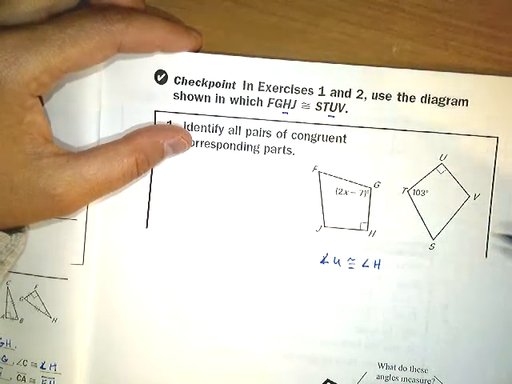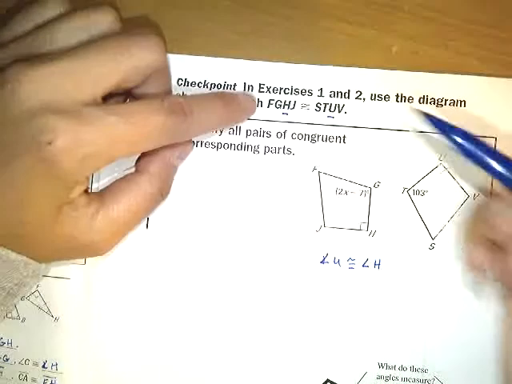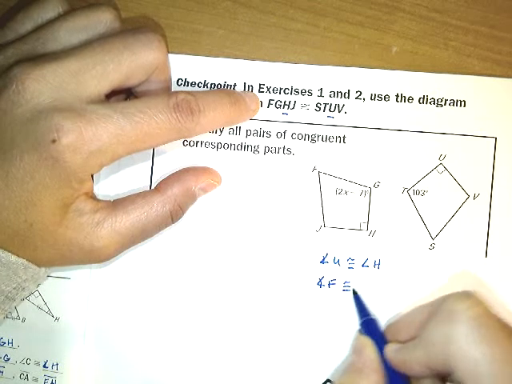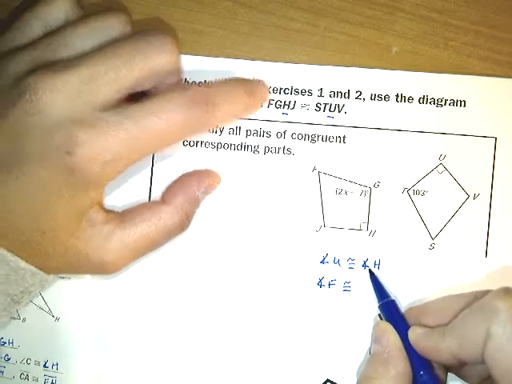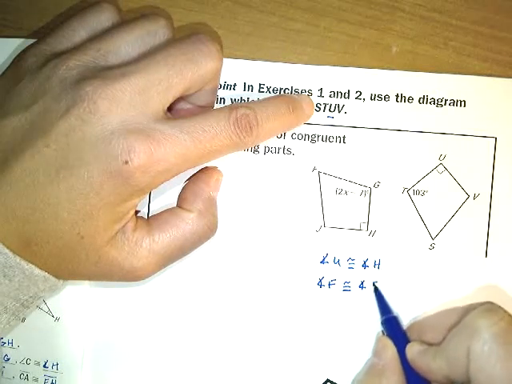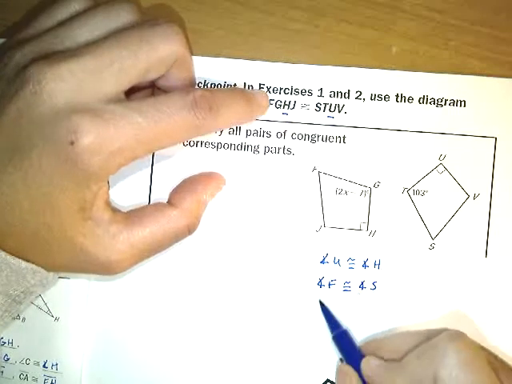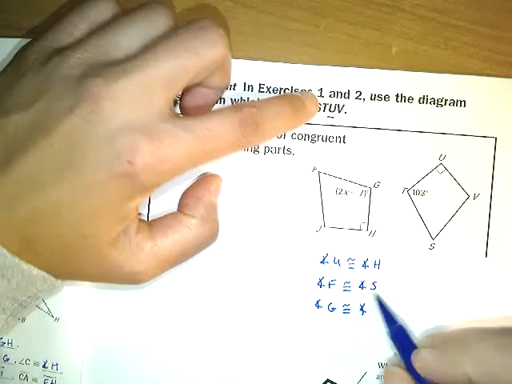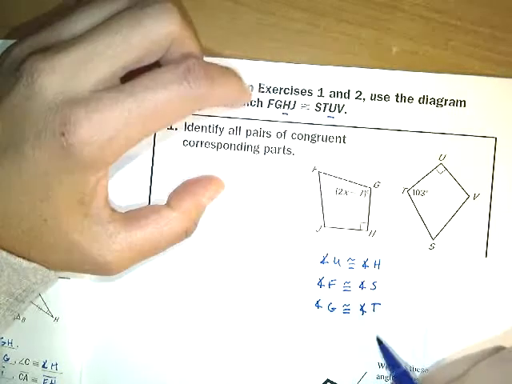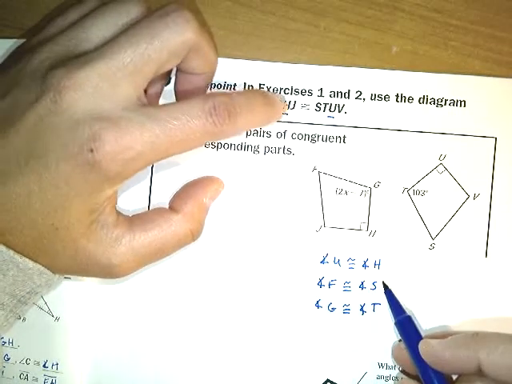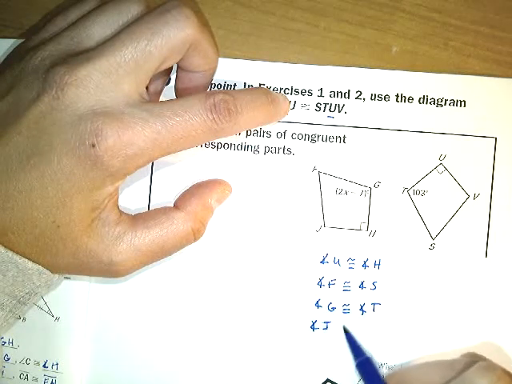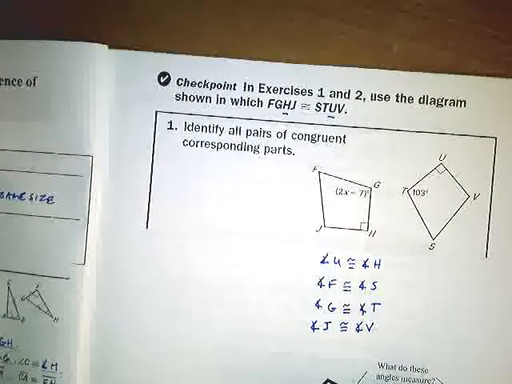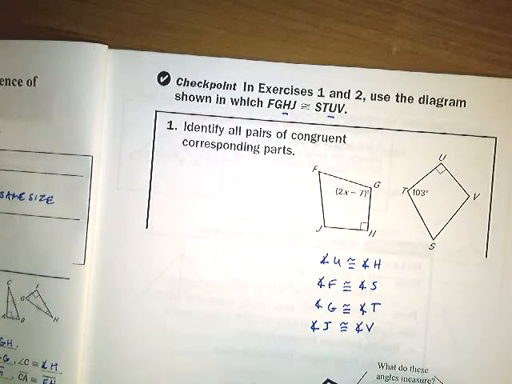Even though they haven't marked anything else in the diagram, we can just go from this, can't we? That means that angle F is congruent to angle S, and angle G is congruent to angle T, and the last one, because we already stated the third one, the last pair would be angle J is congruent to angle V, right? Okay.